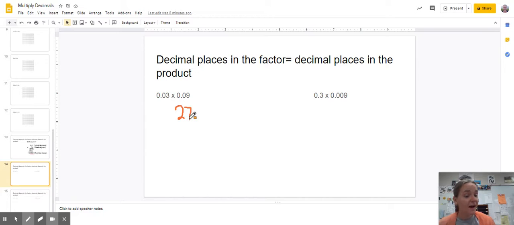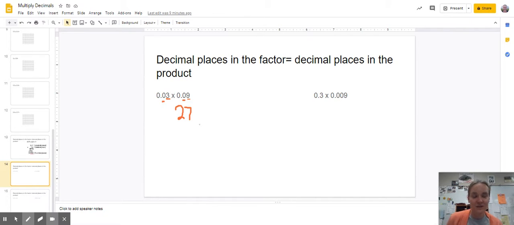How many numbers are behind the decimal in my factors? Let's count. 1, 2, 3, 4. I have 4 numbers behind the decimal in my factors. So then I need 4 numbers behind the decimal in my product. Oh no, I only have 2 numbers. What do I do?